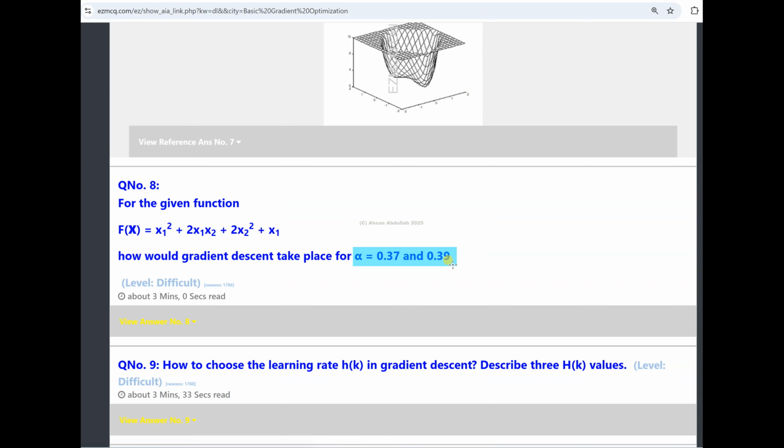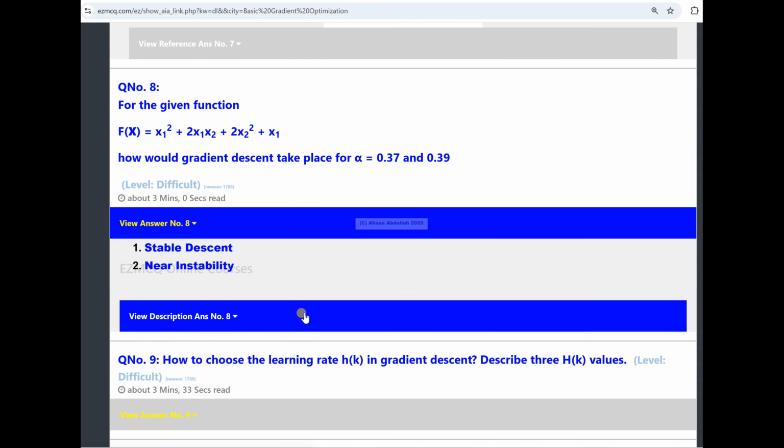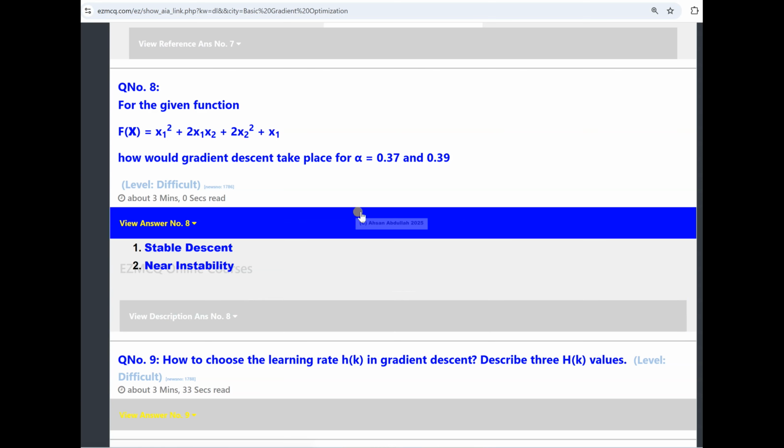So when alpha is, let me open the bullets, we have a stable descent and we have something called near instability. This is stable, this is near instability. In the stable descent where alpha is 0.37, the descent progresses steadily towards the global minimum. The learning rate is small, within a safe range.